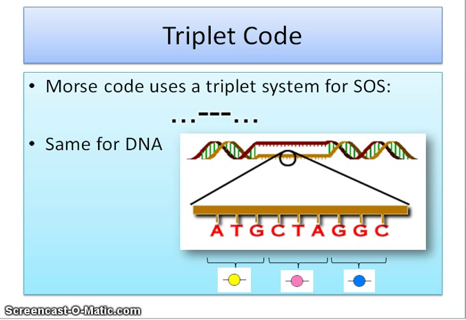So what we need to do is take the code from the nucleus and take it outside of the nucleus to where the ribosomes are, so that they can then make the proteins exactly the same as the code says inside the nucleus. So there's a little process that has to take place. I'm just going to talk through that now.